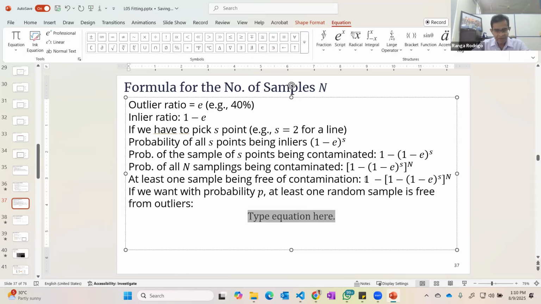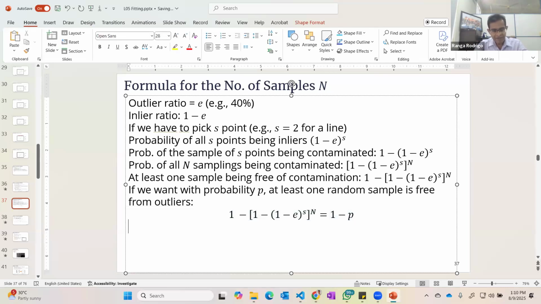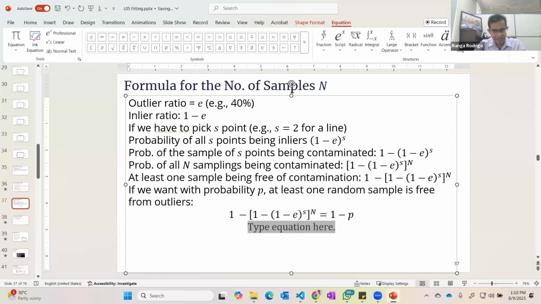This one must be equal to 1 minus p, the probability when this total bad thing can happen. So therefore now we can compute n. n equals, we have to take the log, right?